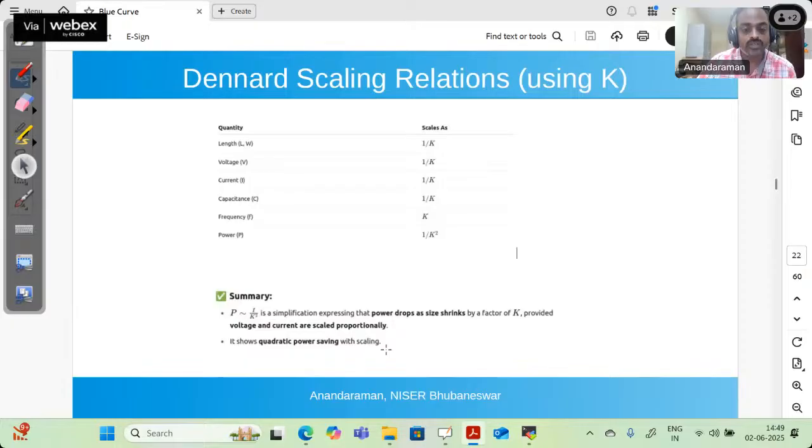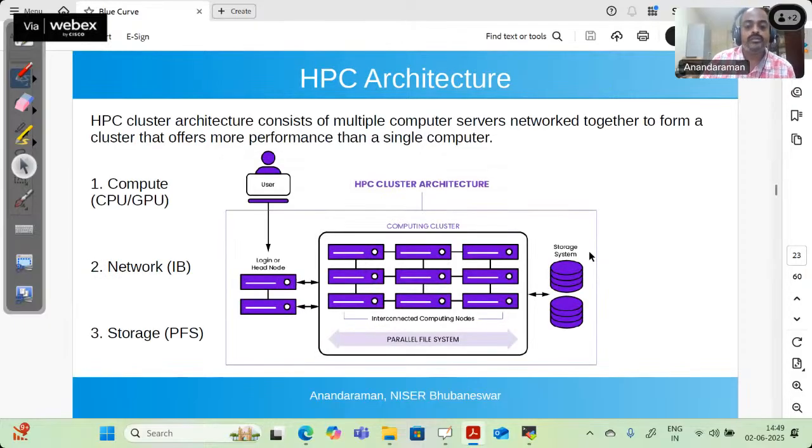So quadratic power saving with scaling. If it scales, power will be less, but we have to reduce the frequency, and voltage and current we cannot reduce beyond a certain limit. So we are going for multi-core architecture. Any doubt? Next we will see HPC architecture, everything.